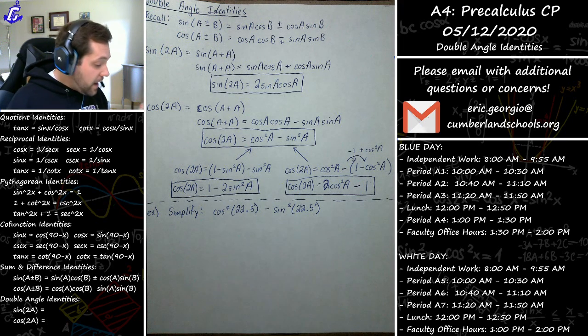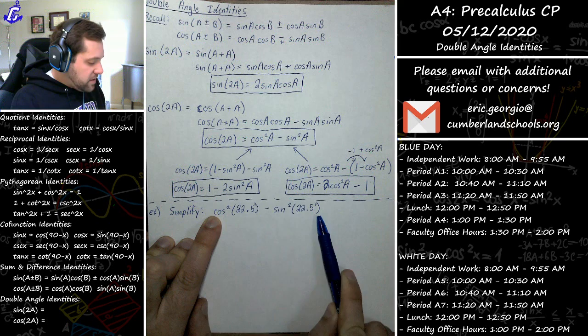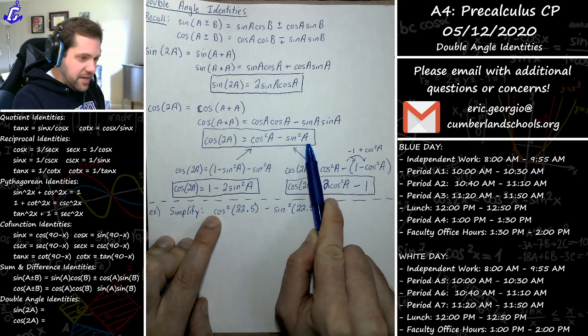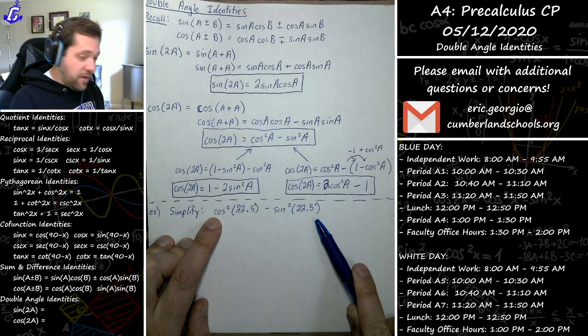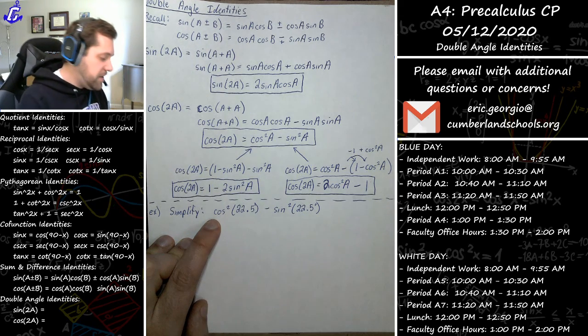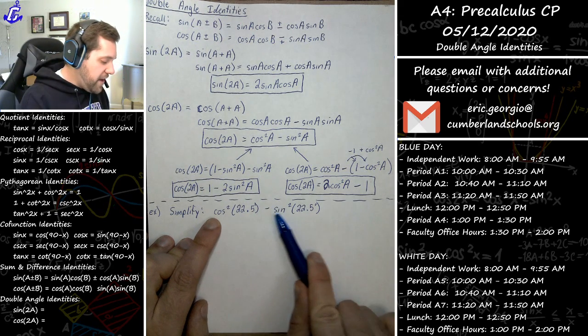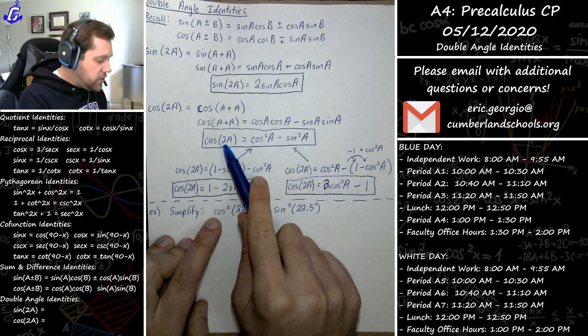But you might notice here that, ooh, this looks awfully similar to this. Cosine squared of a quantity minus sine squared of that same quantity, right? So we can go backwards from our identities, just like we did with the sum and difference ones, and we could say, well, this is equivalent to the cosine of 2a.